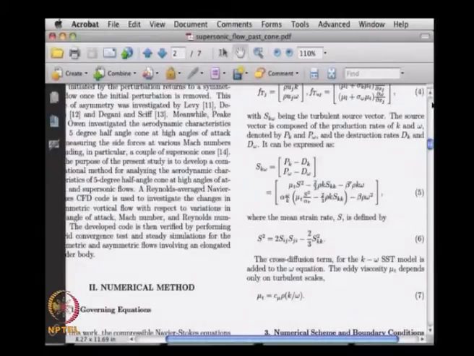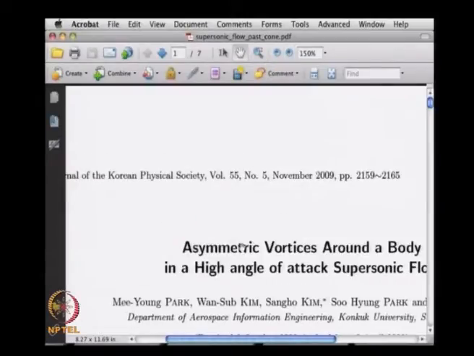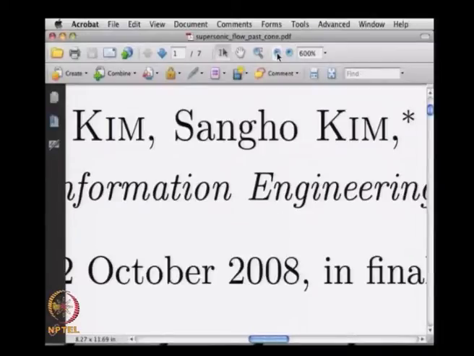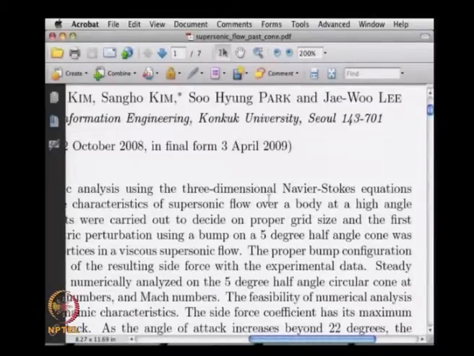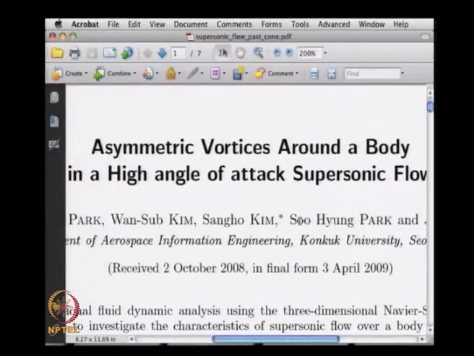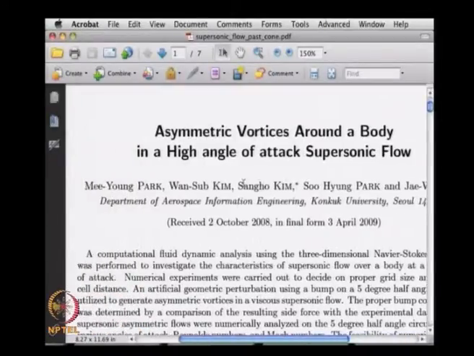Okay, so let us look at this. This is the name of the paper: Asymmetric vortices around a body in a high angle of attack, supersonic flow, right.